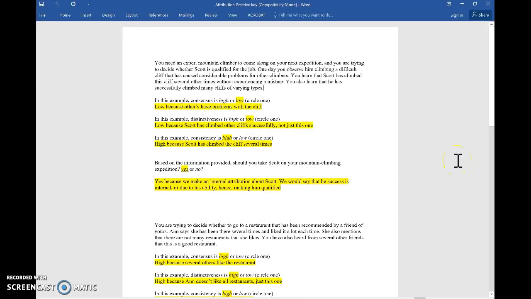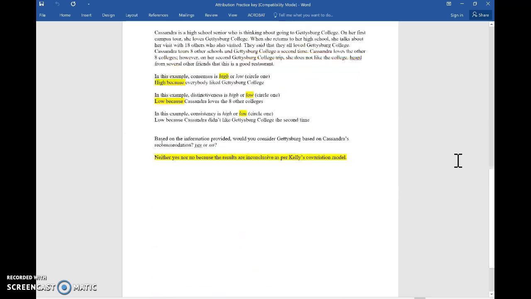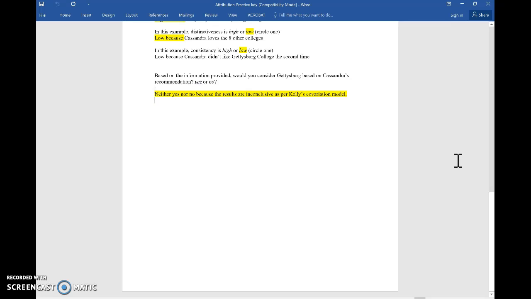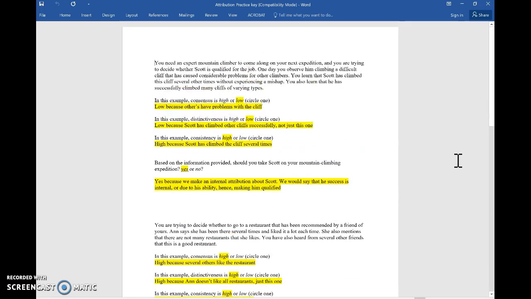All right, before we end this piece of the attributions, what I wanted to show you was this Word document. It's on Moodle, because I want you guys to practice with the cube. So what you'll see here is I have presented several different situations to you. And you have to identify the CDC if it's low or high, and then make an informed decision. This is the answer key.